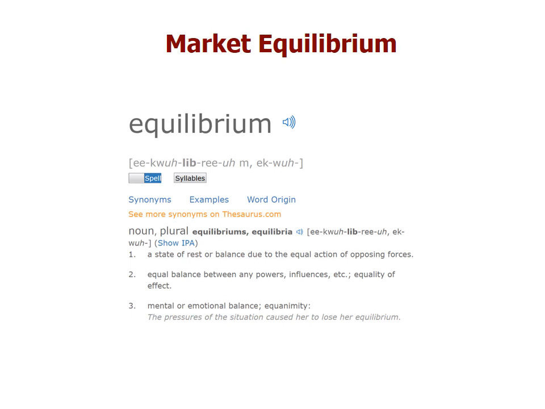A quick search of the word equilibrium will give you this. I got this from dictionary.com. The first definition says equilibrium is a state of rest or balance due to the equal action of opposing forces. So balance, keyword. The second definition says equal balance between any powers, influences, etc. Equality of effect.